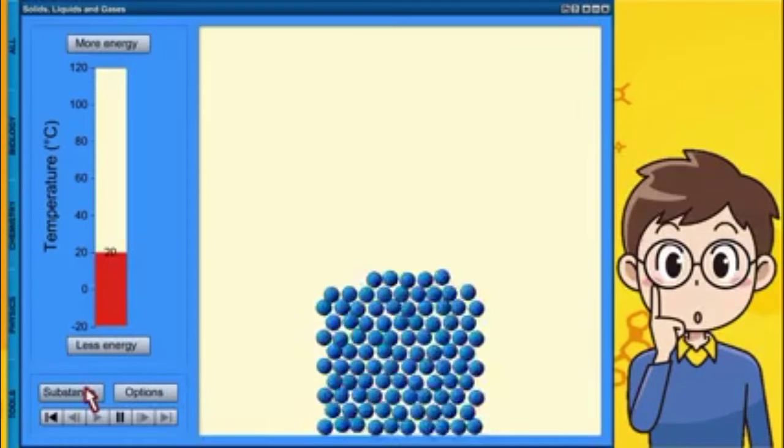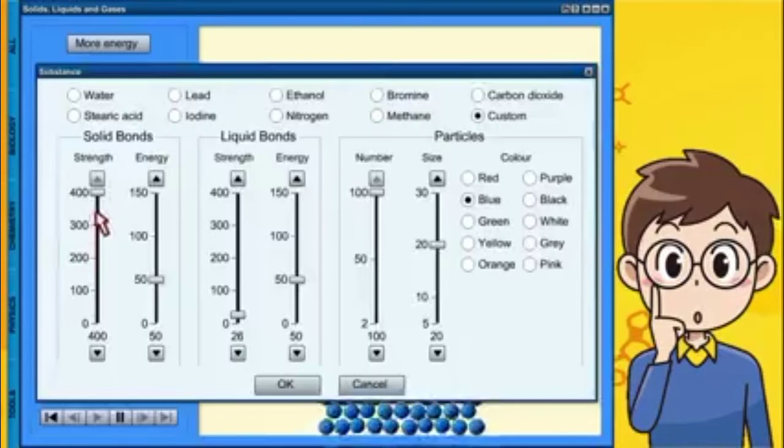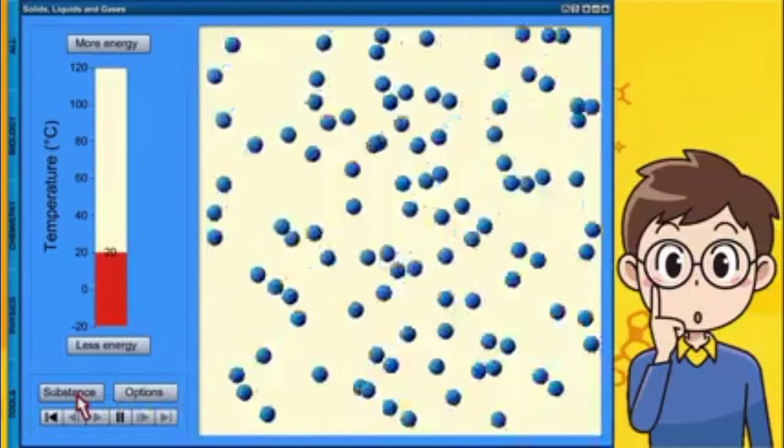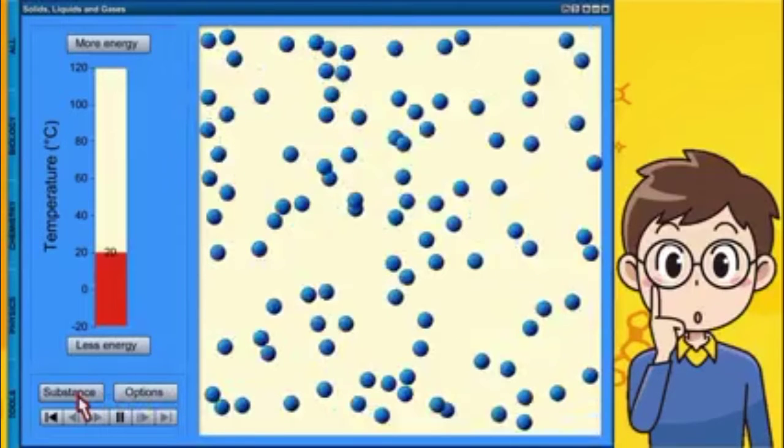Solid particles have the least amount of energy, therefore they move slower, and gas particles have the greatest amount of energy, so they move faster than the others. A change in phase may occur when the energy of the particles is changed. There are also spaces between the particles of matter.